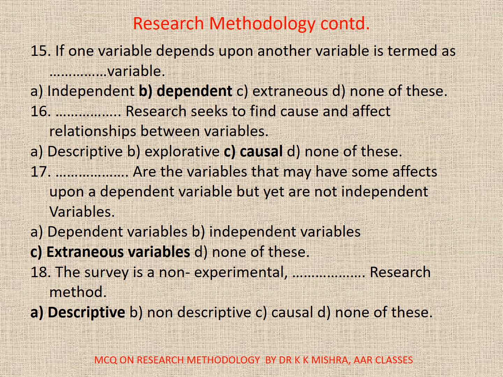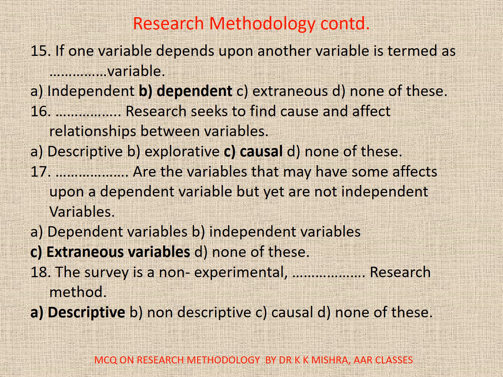B. Explorative. C. Causal. D. None. Correct option is C. Causal. 17. These are the variables that may have some effects upon a dependent variable but yet are not independent variables. A. Dependent variables. B. Independent variables. C. Extraneous variables. D. None. Correct option is C.